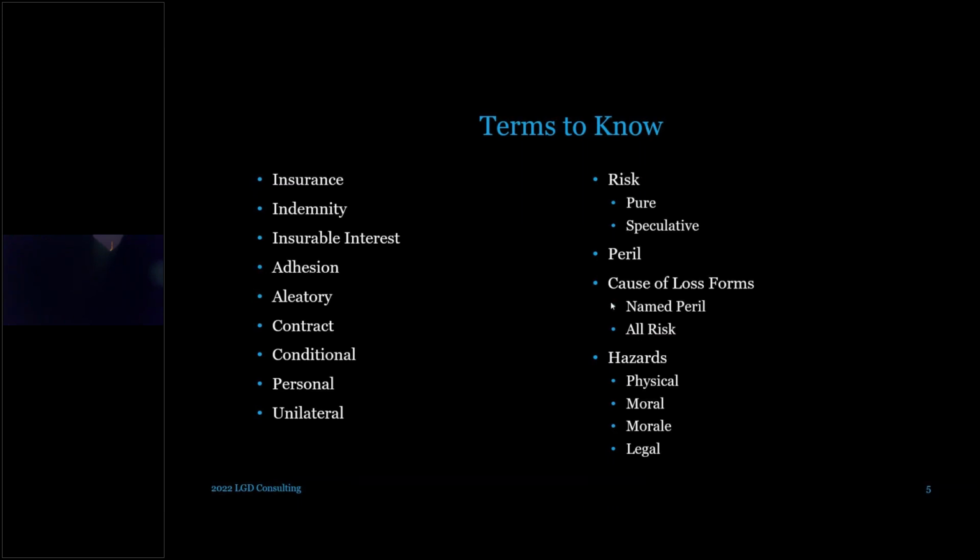So these two are opposites of each other. If it's on the list, it's covered. But if it's not on the list, it's not. But for all risk coverage, we list exclusions. So if something happens and it's not on the exclusion list, it's covered. So again, this lists what we cover. This lists what we don't cover.